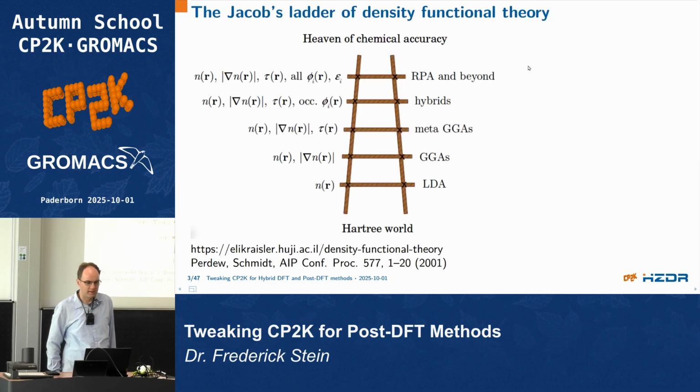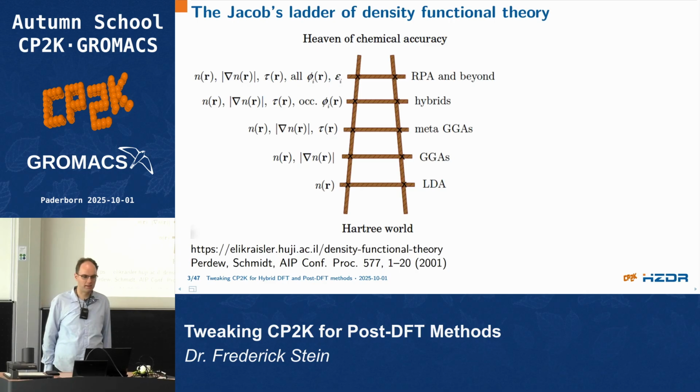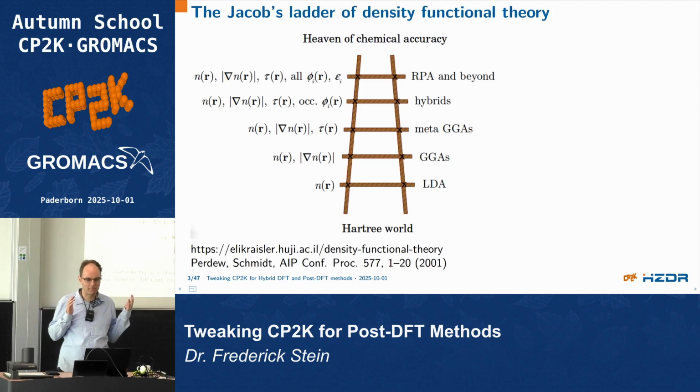Okay, so what is this Jacob's ladder that I was talking about in the introductory part? The Jacob's ladder is a metaphor which was introduced by Perdew almost 25 years ago, where he compared the search for accurate density functionals to coming nearer and nearer to God, which is the actual metaphor in the Bible, if I read that correctly.